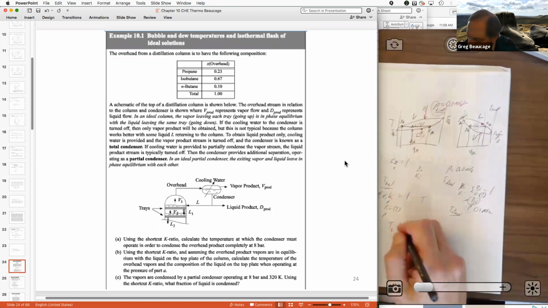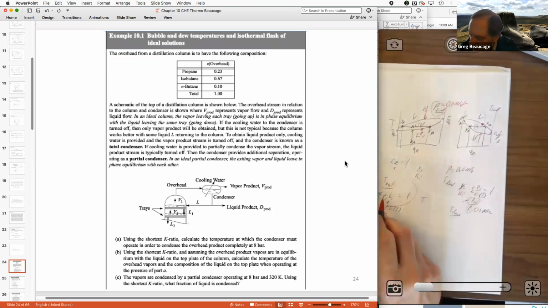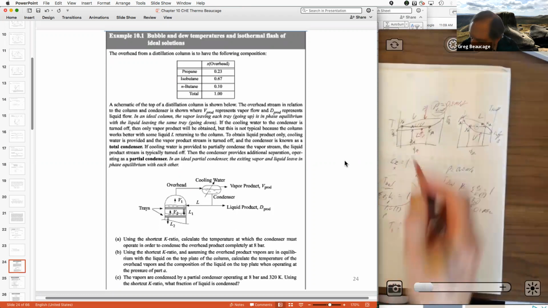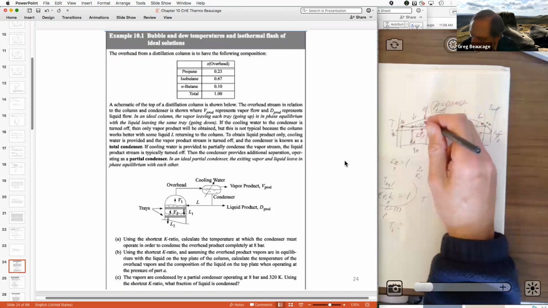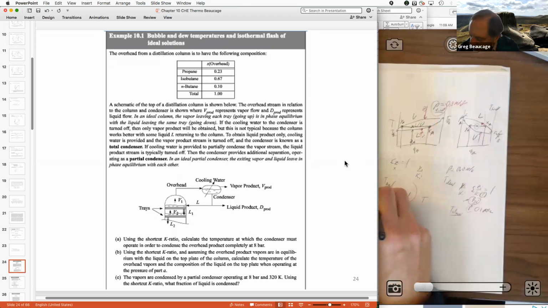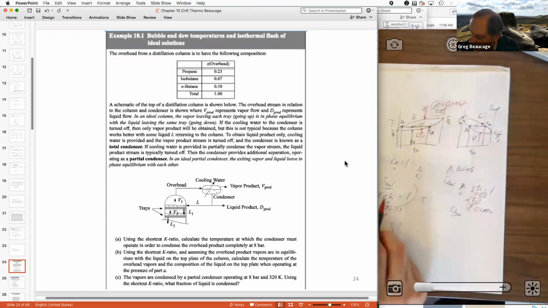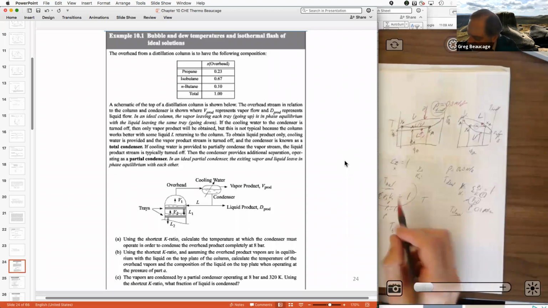Basically that's going to come from this kind of balance: sum of Zi Ki gives you Yi, which has to equal 1. When you're coming up from the bottom, it's making a vapor. So sum of Yi equals 1. You're going to have to do this problem with Zi, Ki, and Ki you get from P sat over P. P sat's temperature dependent.